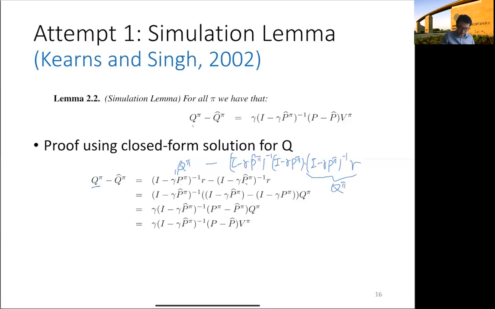Then I can do the same trick here by adding I minus gamma P hat pi inverse and I minus gamma P hat pi.